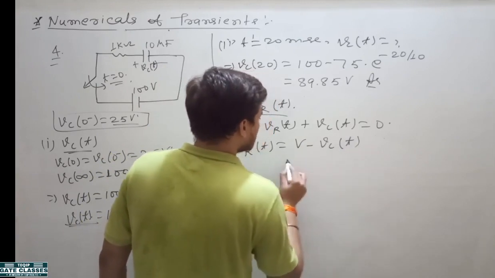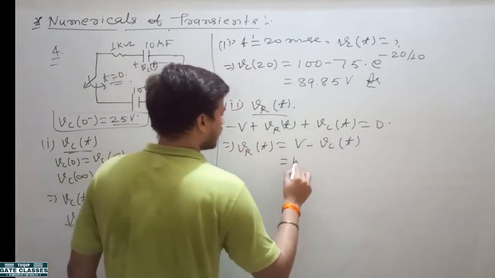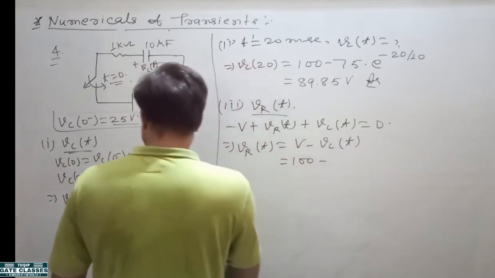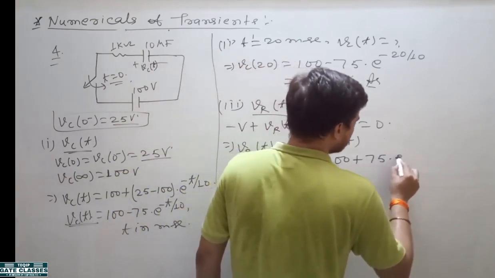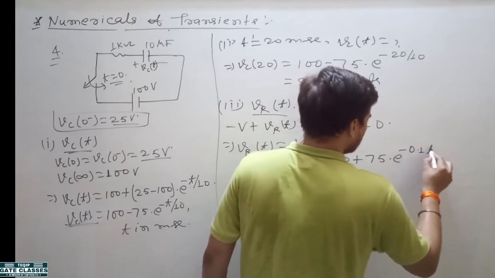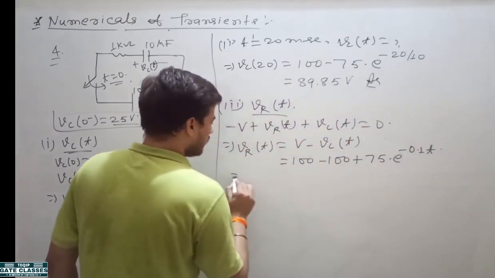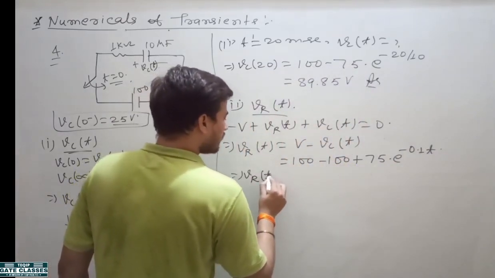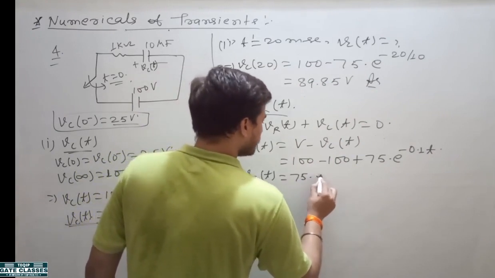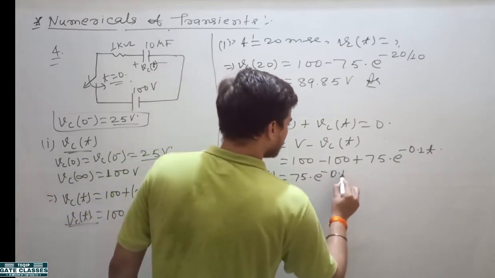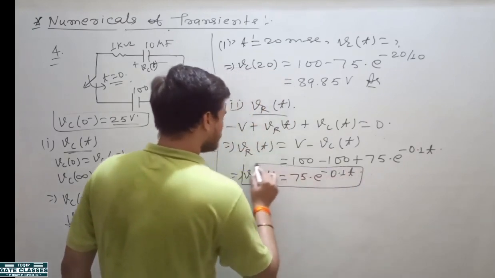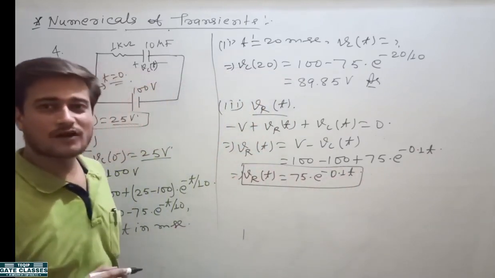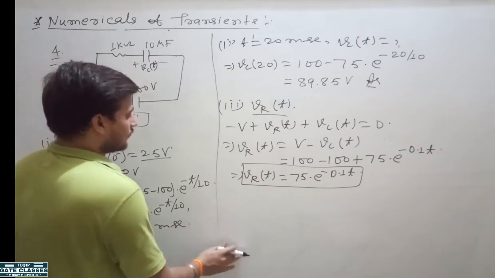So V, the value is 100, minus VC(t), that means 100 minus 100 plus 75 into e to the power minus 0.1t. So VR(t) is equal to 75 into e to the power minus 0.1t. Clear?